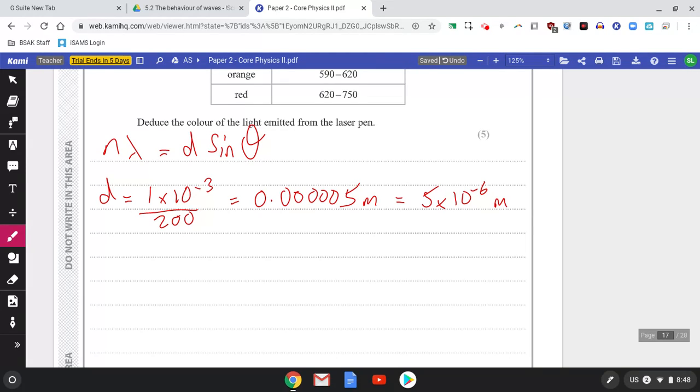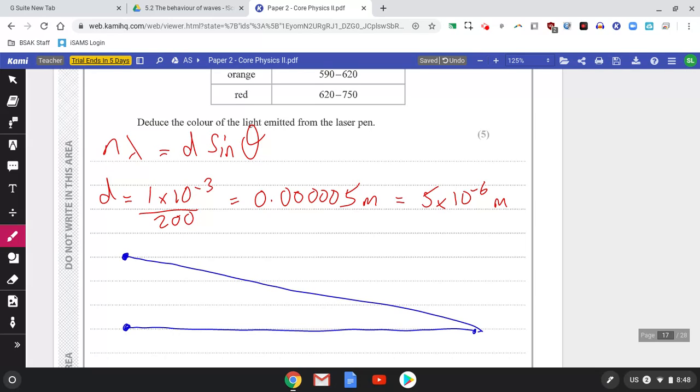So a little bit of trig now. Let's have a look at this. What do we got? We have the central maximum. We have n equals 3. We have the laser over here. Now we're trying to find this angle theta, aren't we?